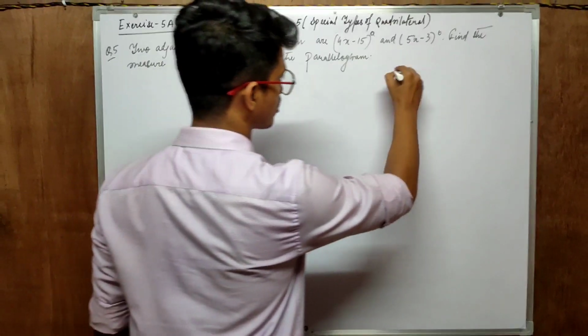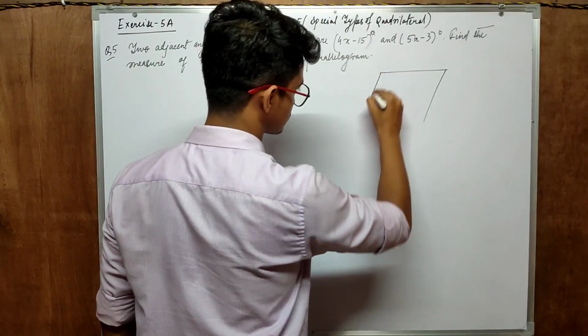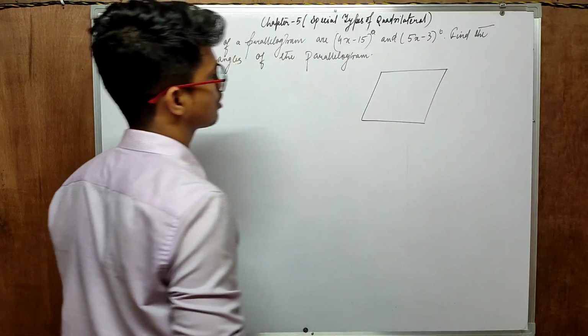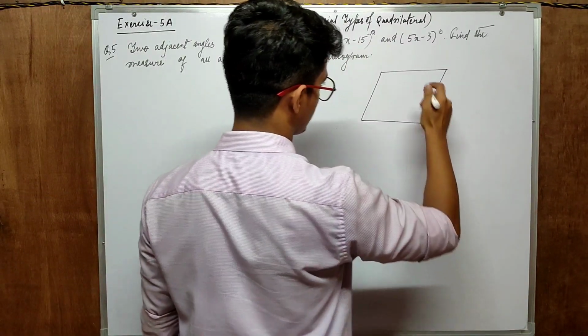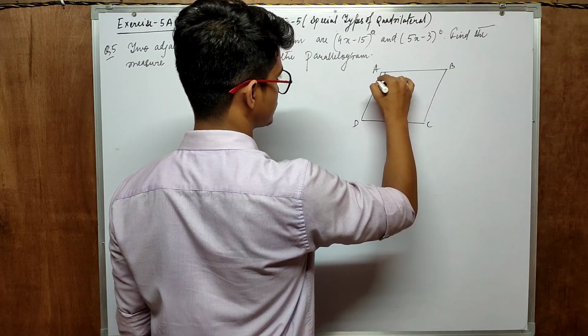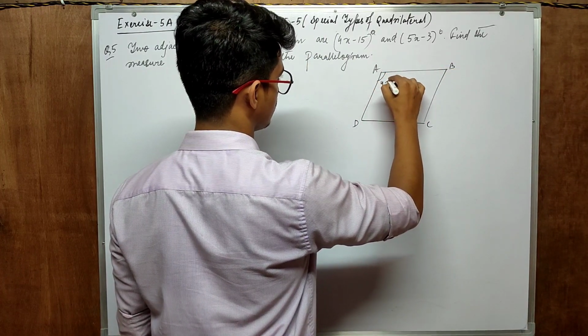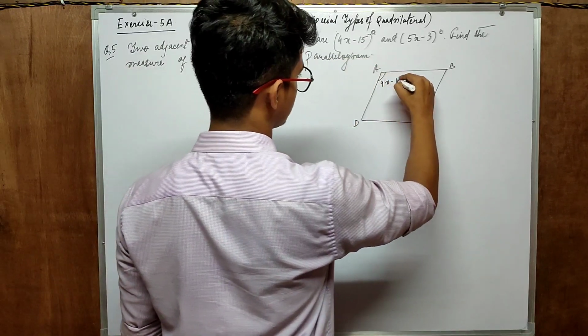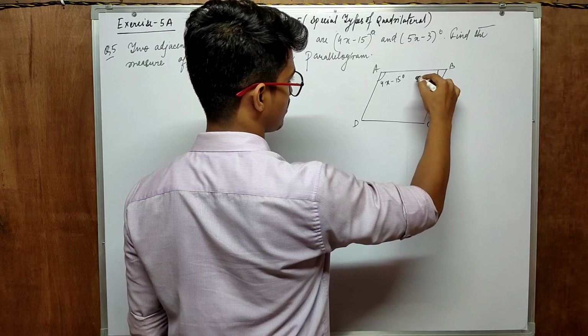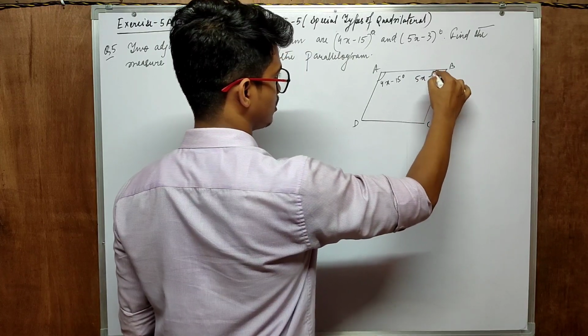So in the case of a parallelogram, this is the shape of the parallelogram, right? Let's name it ABCD. One angle is given as 4x minus 15 degrees, and the other neighborhood angle is given as 5x minus 3 degrees.